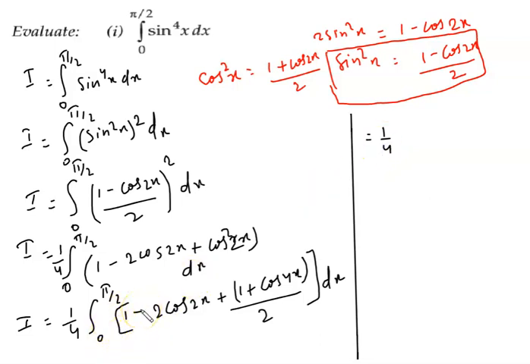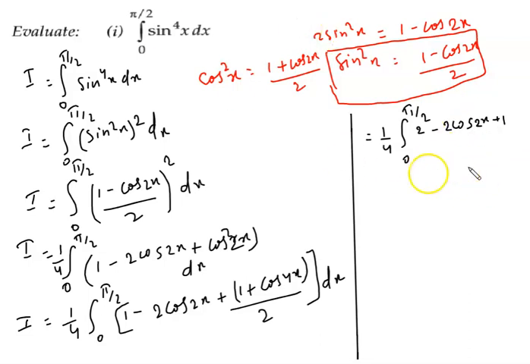After taking the LCM 2, it will become the integral from 0 to pi by 2 of (2 minus 2 cos 2x plus 1 plus cos 4x) by 2, dx. Are you getting my points guys?